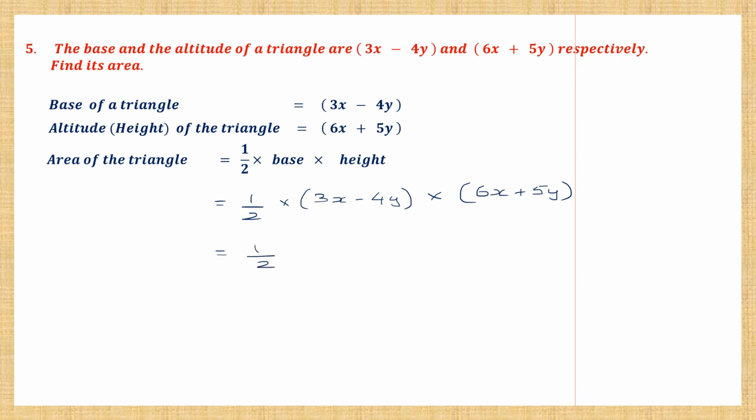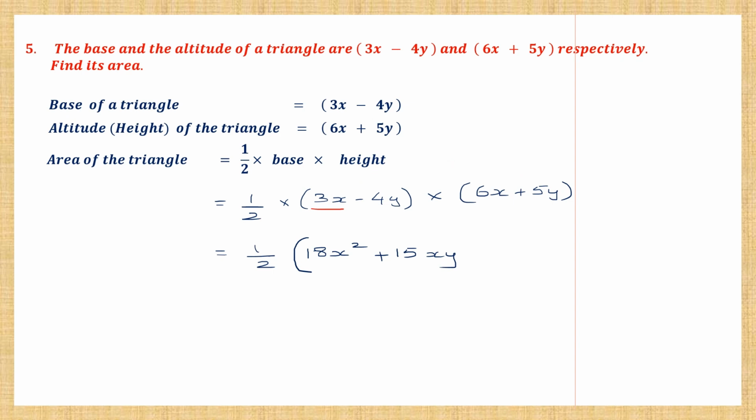So half into, we multiply 3x into 6x. So that will be 3 6s are 18. X into x is x squared. Then we go on to the next one, that is 3x into plus 5y. The sign is plus, 3 5s are 15. X into y is xy.